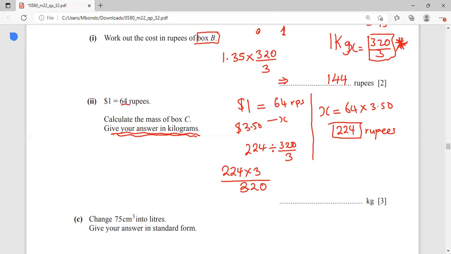What are we going to get? 224 multiplied by 3, then we divide by 320. This is going to give us 2.1. That is what we are going to get here. You have to take note of that.